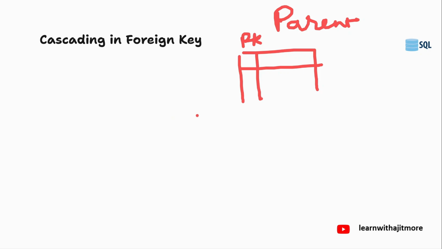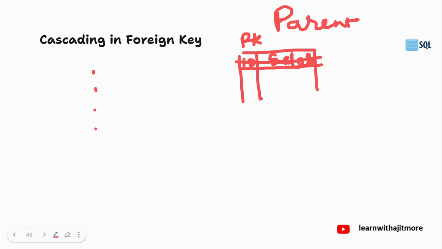What I'm trying to tell you is clear: if you are trying to delete any parent record, like department 10 Sales, and you're closing that department, so we are deleting that record. There may be employees who are referring to that value.